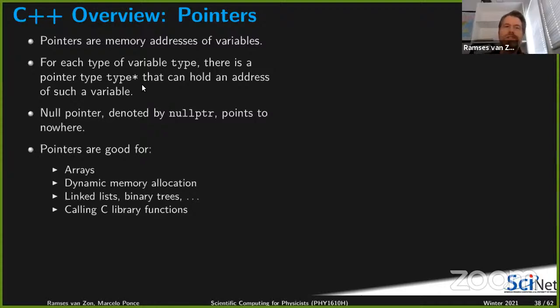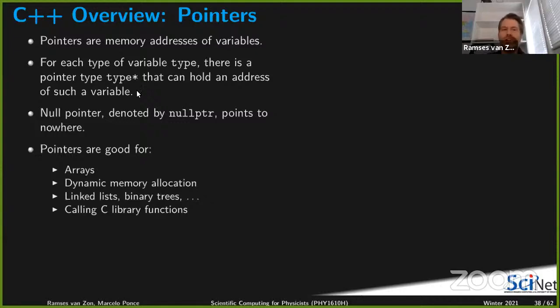But because C++ is a strongly typed language, you don't just take that number at face value and store it in a variable. Pointers are not just that number, they're also giving you the type of the thing that is in that location in memory. So for every variable type, say for an integer, there's another type called a type star.